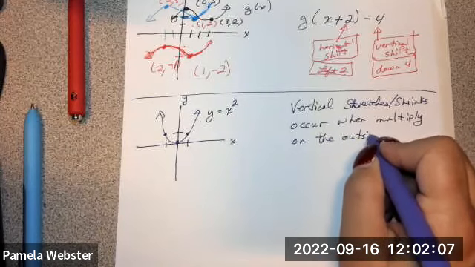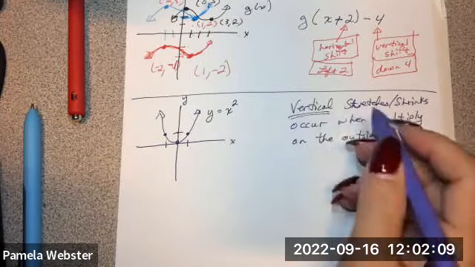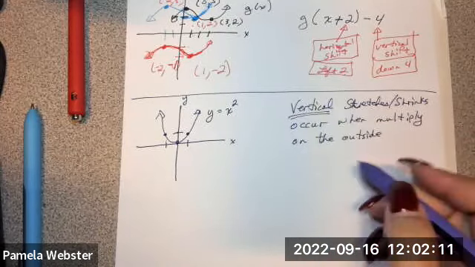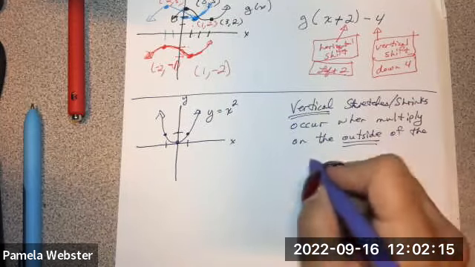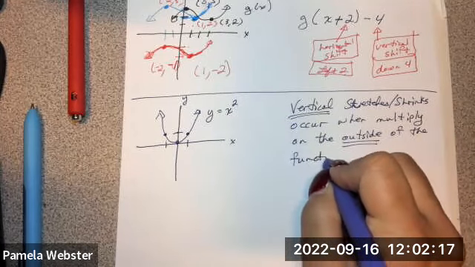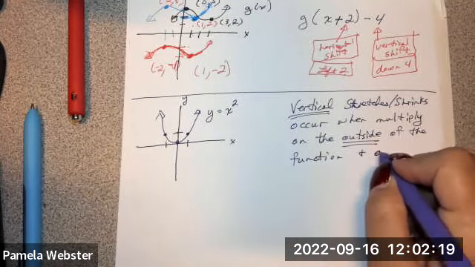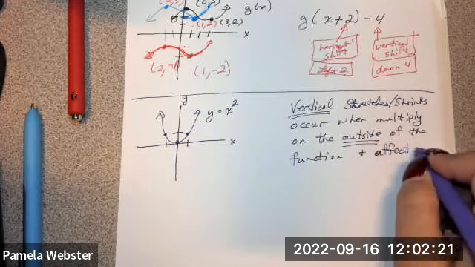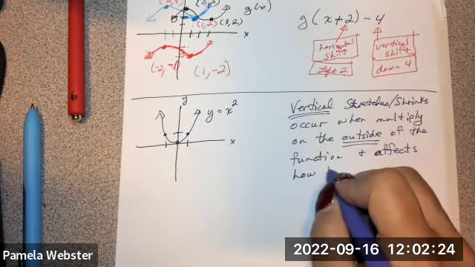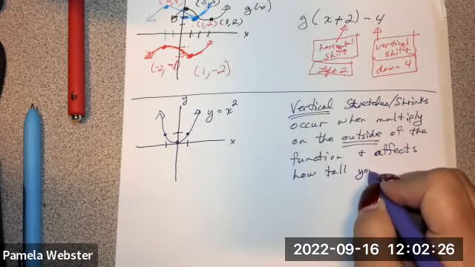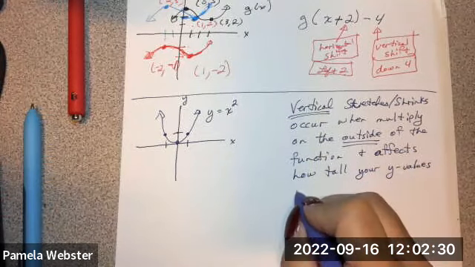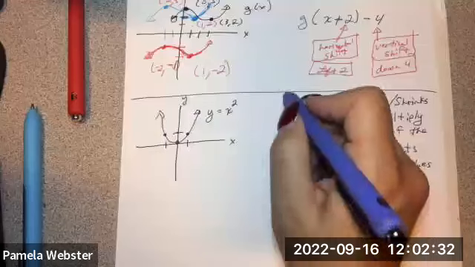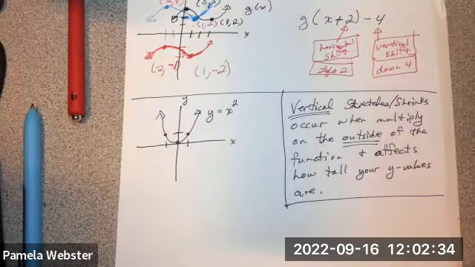Again, it's vertical, which is affecting my y values. So it's going to happen on the outside of the function. And it affects how tall your y values are. Okay, that's what it does. It affects how tall your y values are.